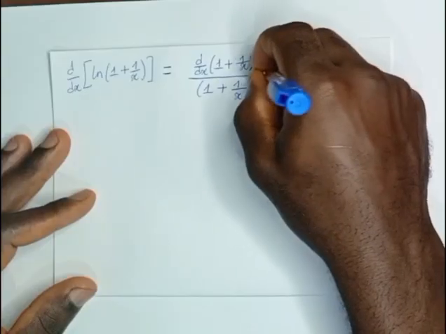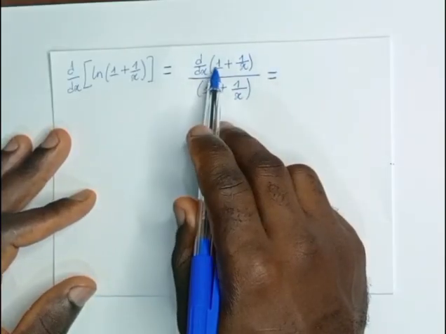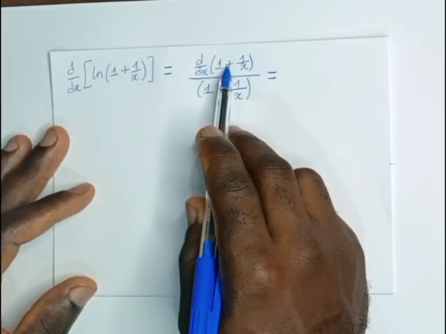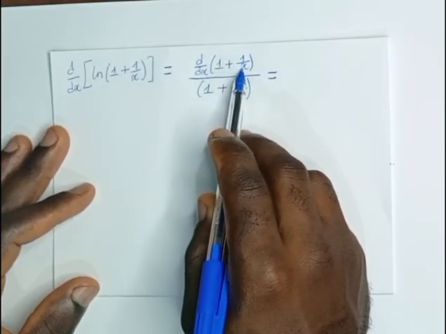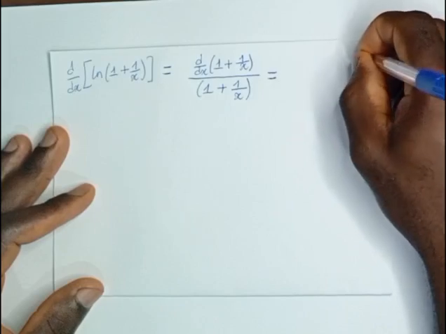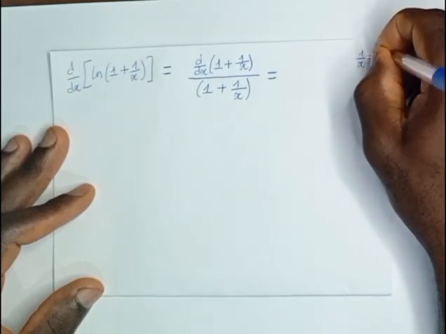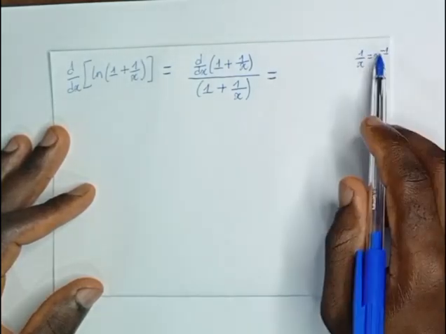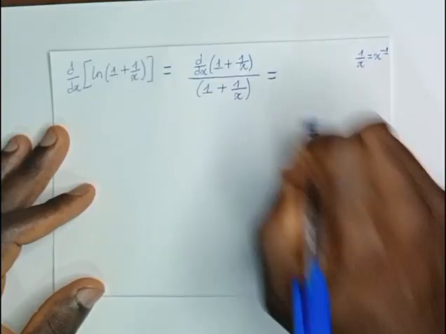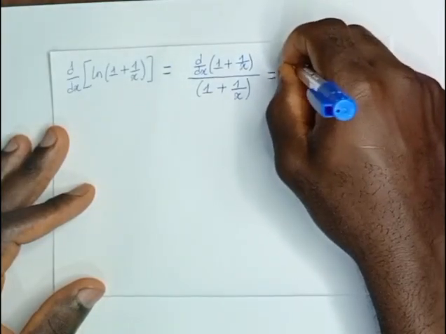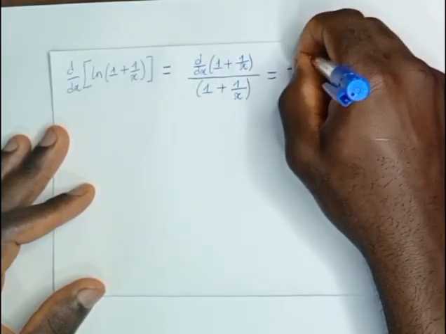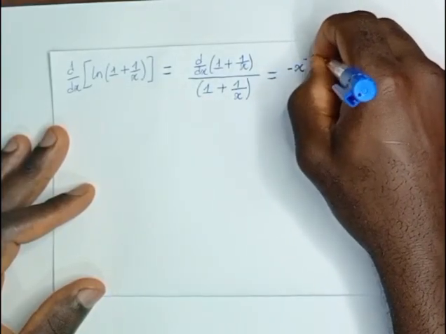And this will simply be equal to differentiating what we have in this bracket. The derivative of 1 is 0, plus the derivative of 1/x. Remember, 1/x can be expressed as x raised to the power negative 1. Differentiating x^(-1) gives us negative x raised to the power negative 1 minus 1.